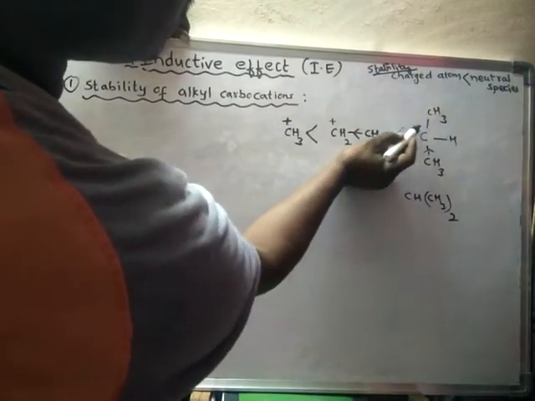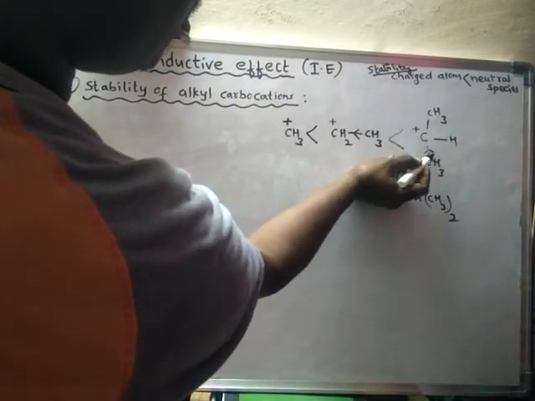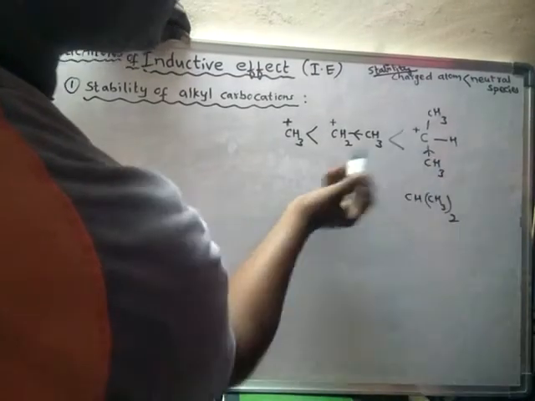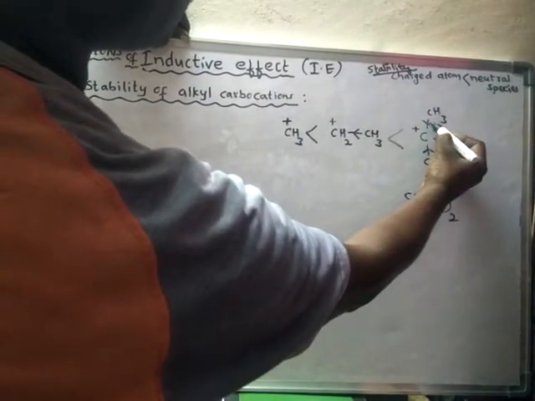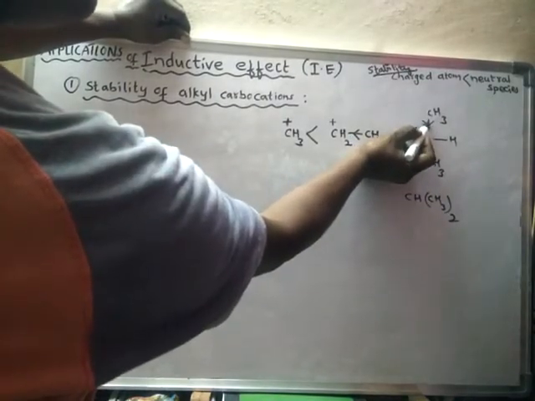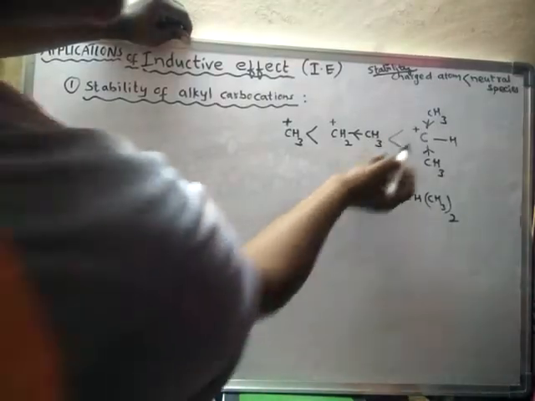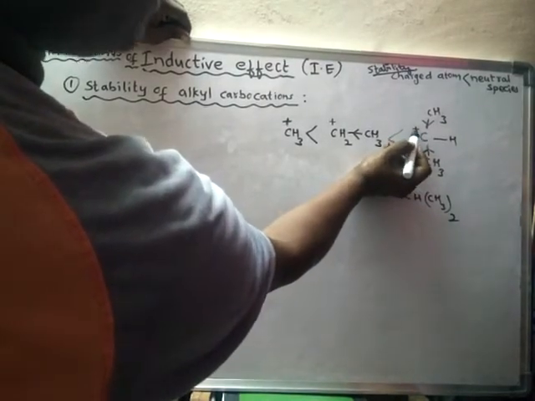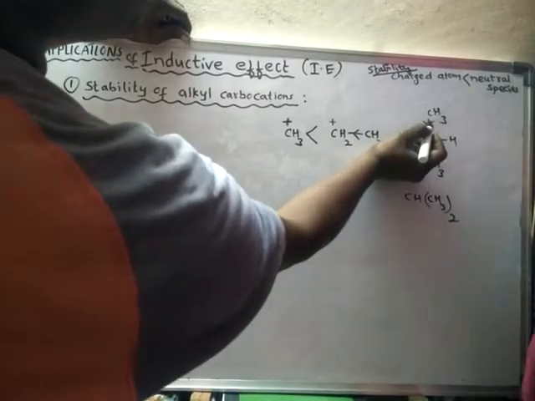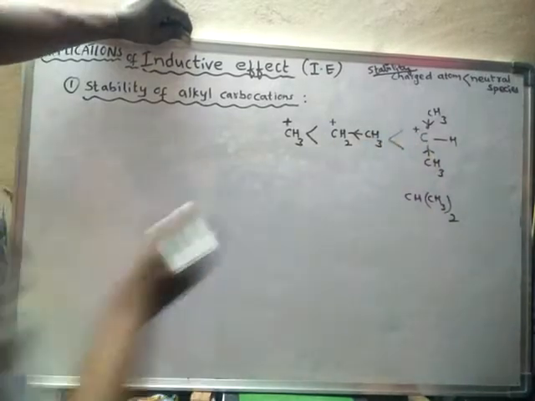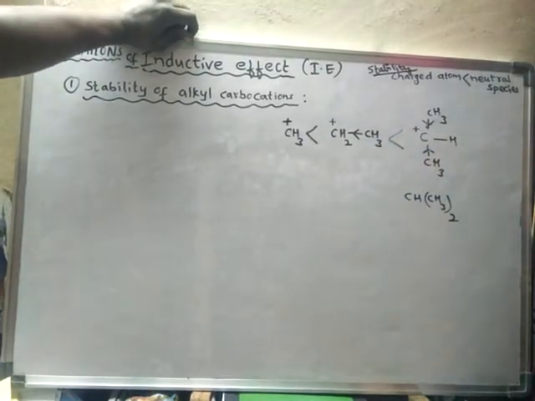The nature of this methyl group is electron releasing. They show plus I effect. This methyl group is also electron releasing. So both the methyl groups will release electrons to this carbon, which actually has the positive charge. Due to the release of electrons from both methyl groups, the positive charge on the carbon decreases.